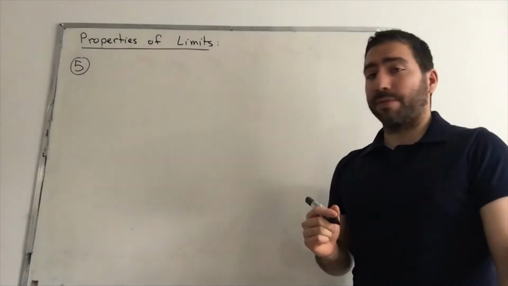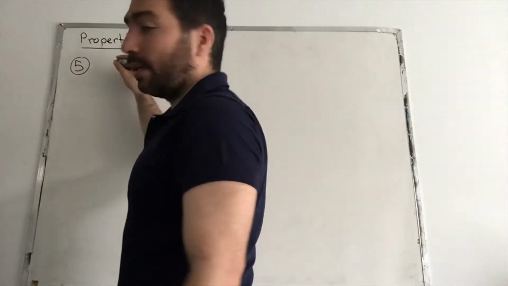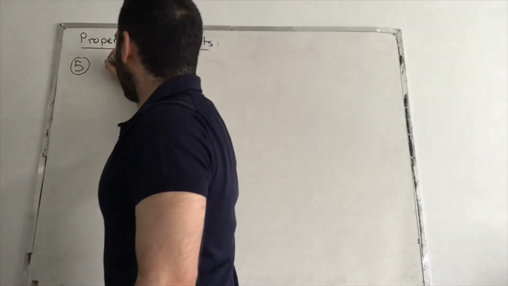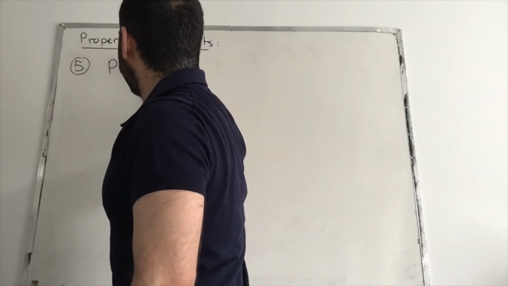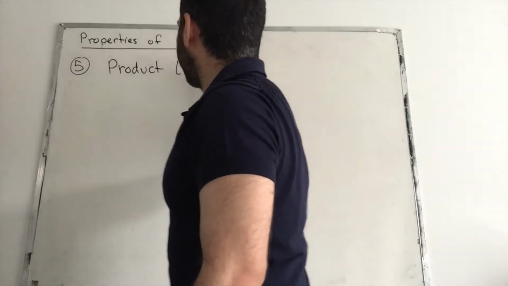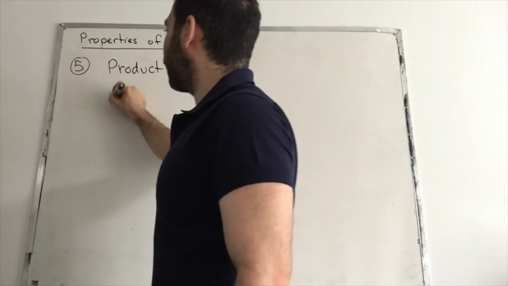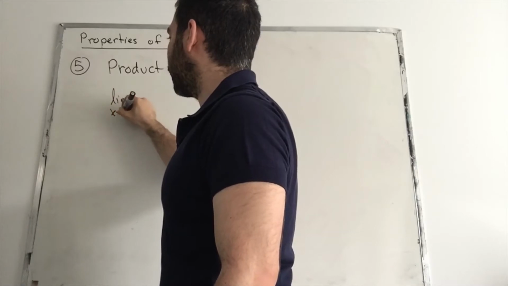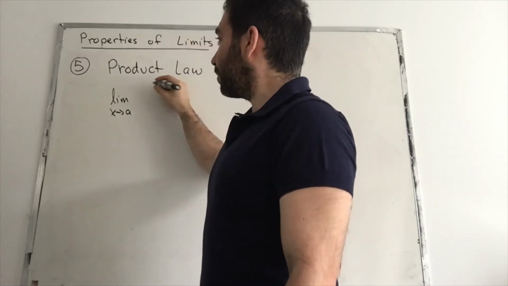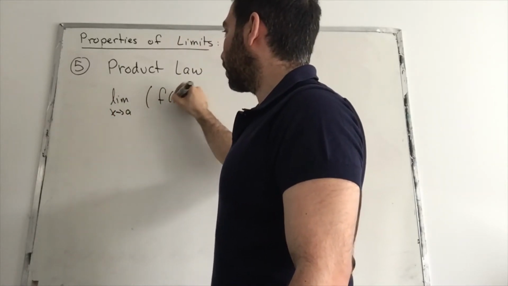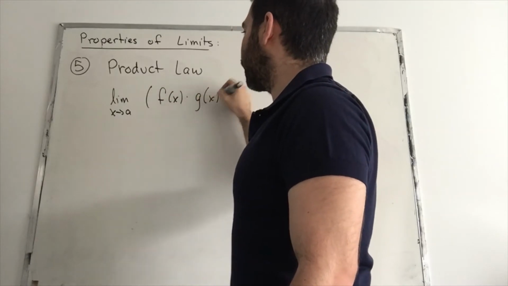So now we're at law number 5. This is called the product law for limits. Okay, so essentially if we have the limit as x approaches a of a product of functions, so let's put f of x times g of x.